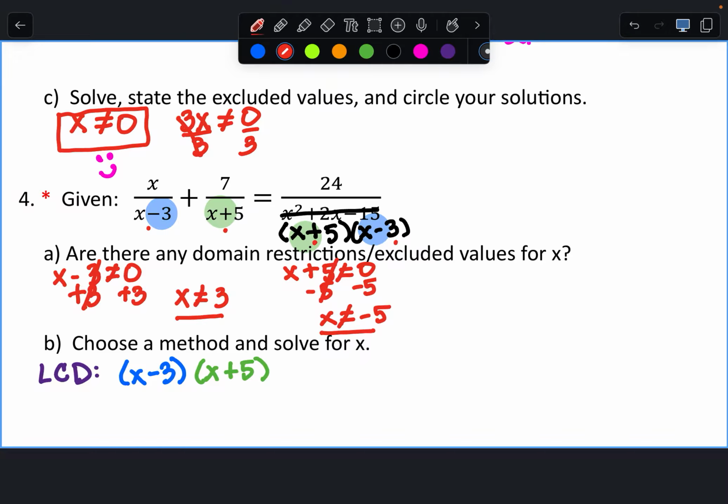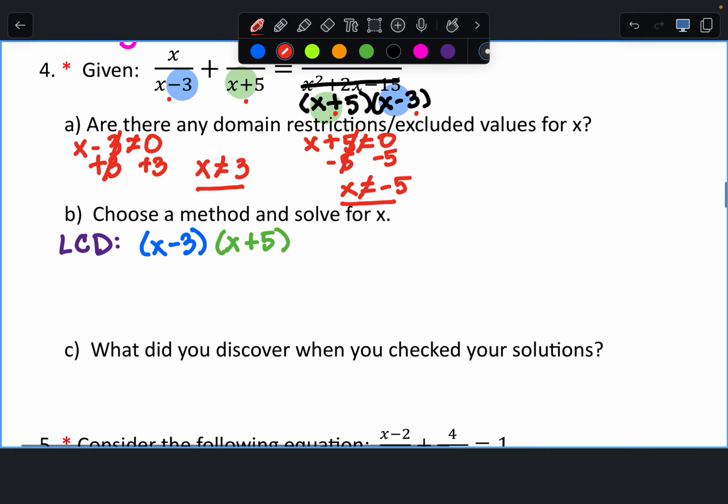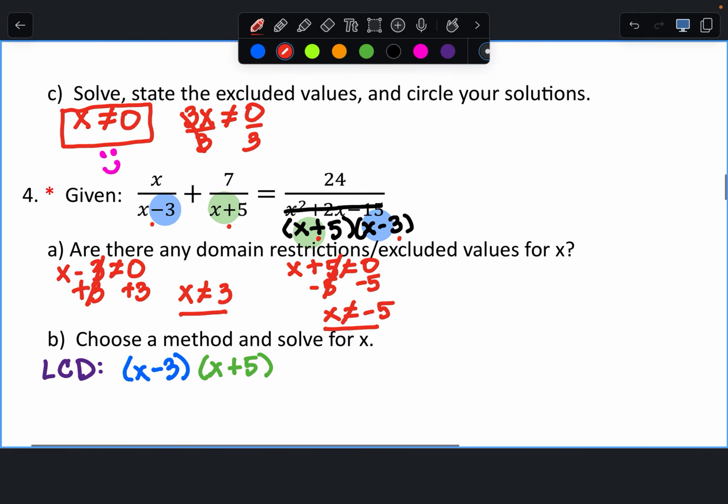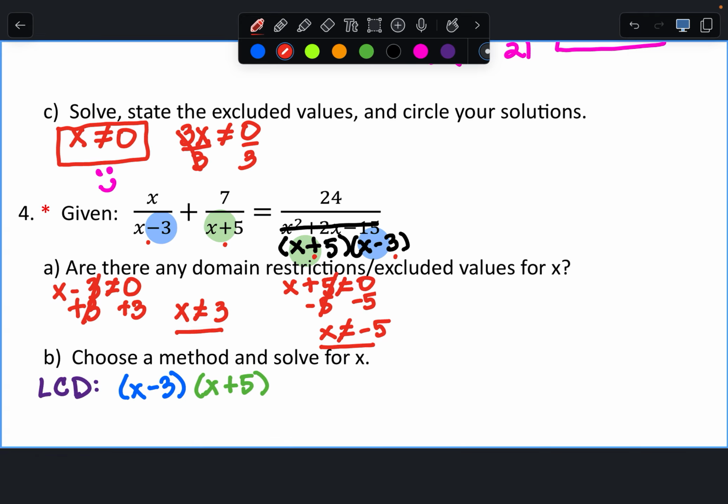Okay, so now what you do is you take your LCD and you write it by every term. And I'm just going to try to stick it right up here. So I'm going to put the x minus 3 times x plus 5 here, and the x minus 3 times x plus 5 here, and the x minus 3 times x plus 5 here.